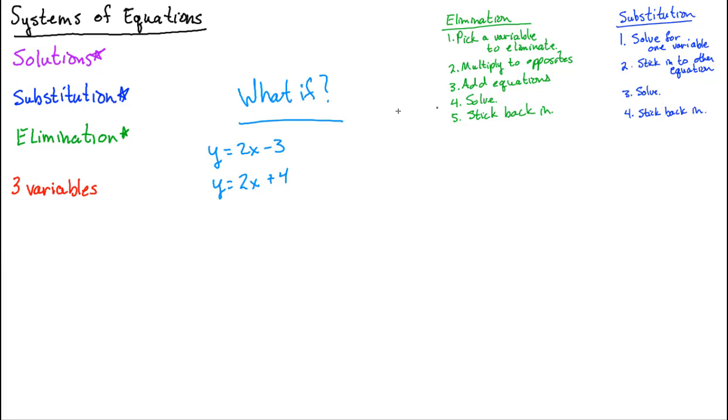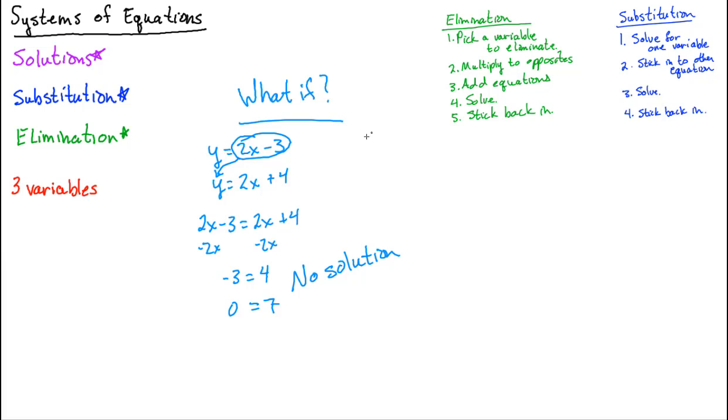Here, this one looks like it would be prime for substitution, where we already have one variable solved for, and we stick that guy in right there, and we now have 2x minus 3 equals 2x plus 4. Try to get the x's together, and you might remember something like this happening from chapter 2, where we have negative 3 equals 4. And even if you added 3 to both sides, you'd still get 0 equals 7, both of which are, ooh, a clear indication of no solution.